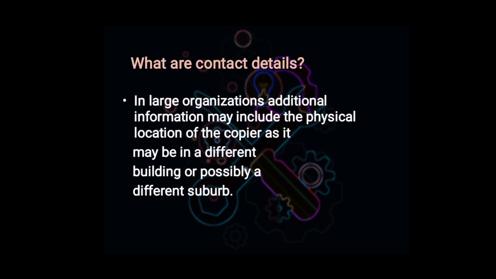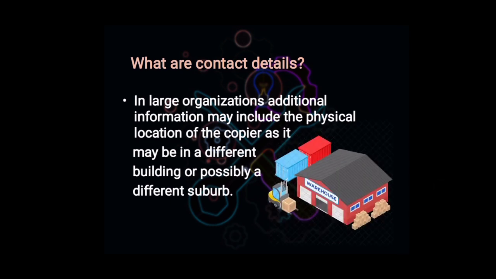In large organizations, additional information may include the physical location of the copier, as it may be in a different building or possibly a different suburb. When we say suburb, it is a location, a street or the next street, where service calls are lodged from the central location to the serving authority.